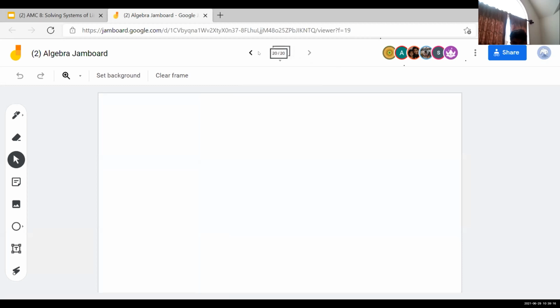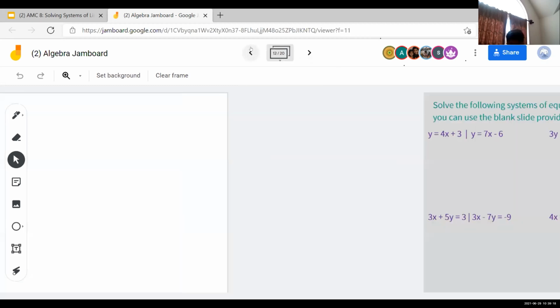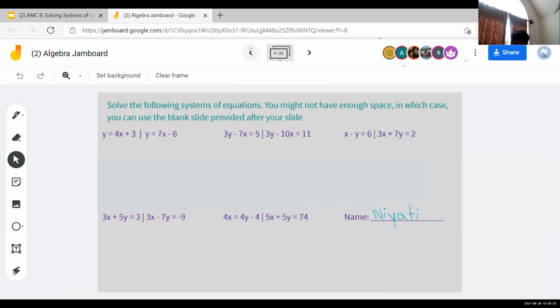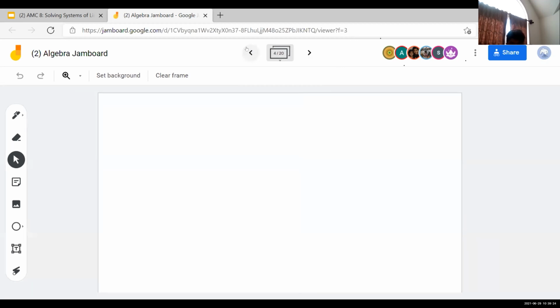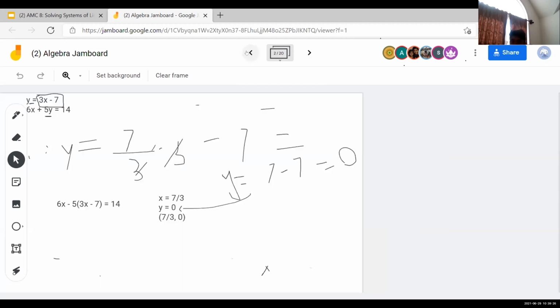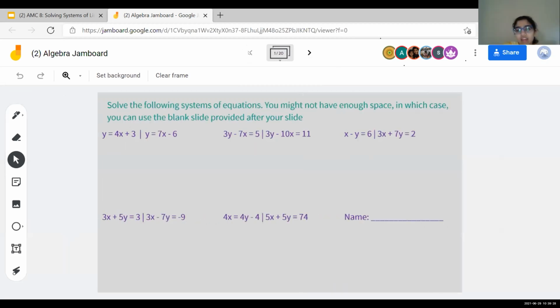It's literally like one person has done something, and it's only one problem. Someone private messaged their answers to me, and they got up till 4. So I don't know if we have time to complete this. I think what we should do is pick one problem and make everybody do it. Yeah, we should probably do that.